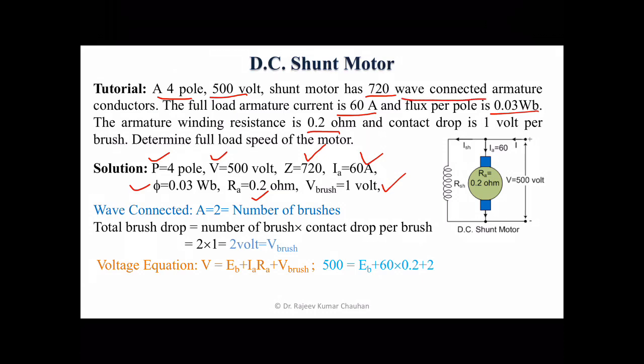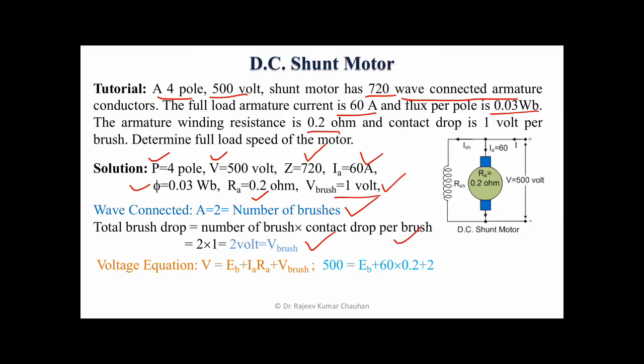The connection of the armature is also given: it is wave connected. In the case of wave connection, A is equal to 2, so the number of brushes is 2. Total brush drop is the number of brushes multiplied by the contact drop per brush, which is 1 volt only. So total brush drop will be 2 into 1, equal to 2 volt. So we can say V brush is equal to 2 volt.